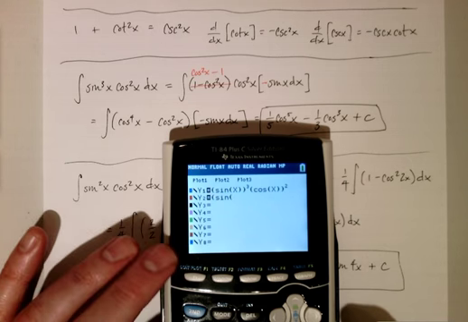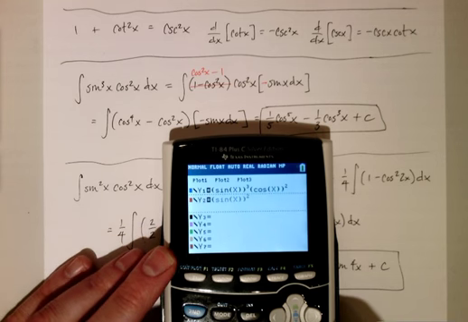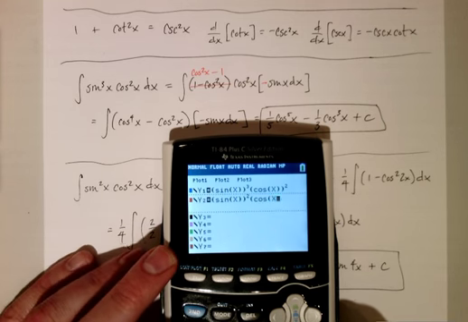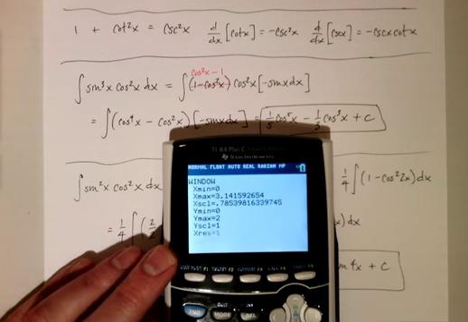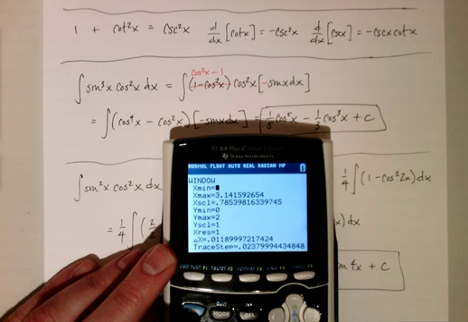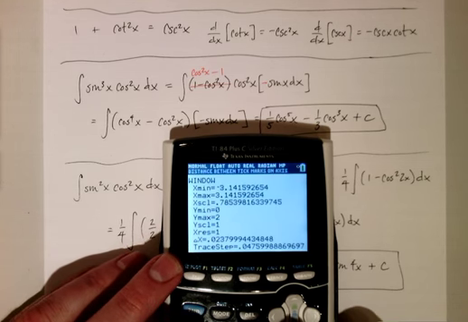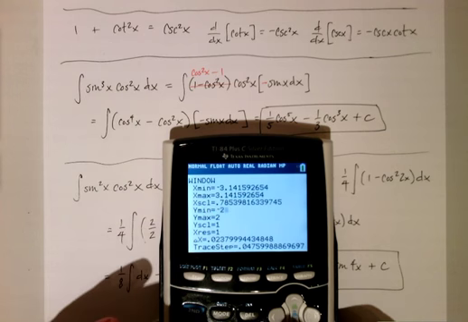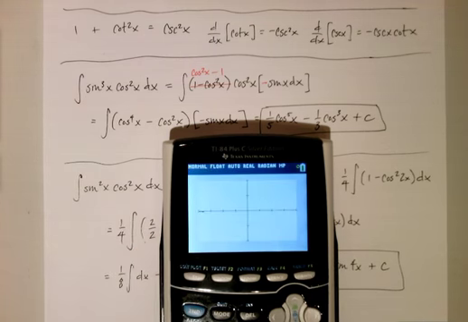Actually I should have done it the other way because then I could have just done y1 times sine. And let's go ahead and change the window. Let's go negative pi to pi. And let's go negative 2 to 2. It's not going to go that far, but okay, here is the sine cubed cosine squared.